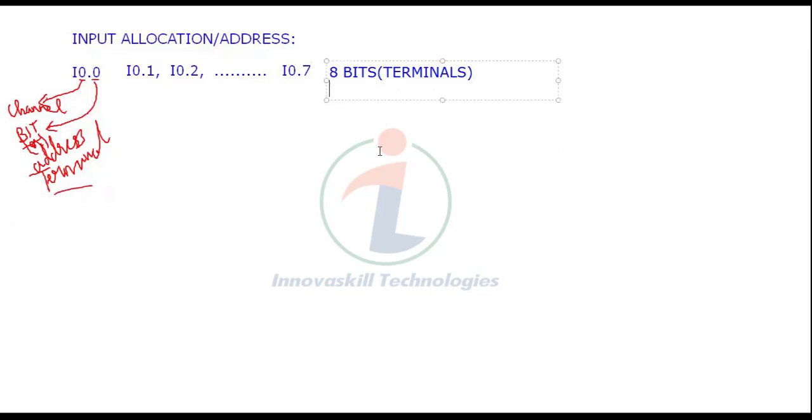The next channel will start from I 1.0, then I 1.1, next I 1.2, like this maximum till I 1.7.